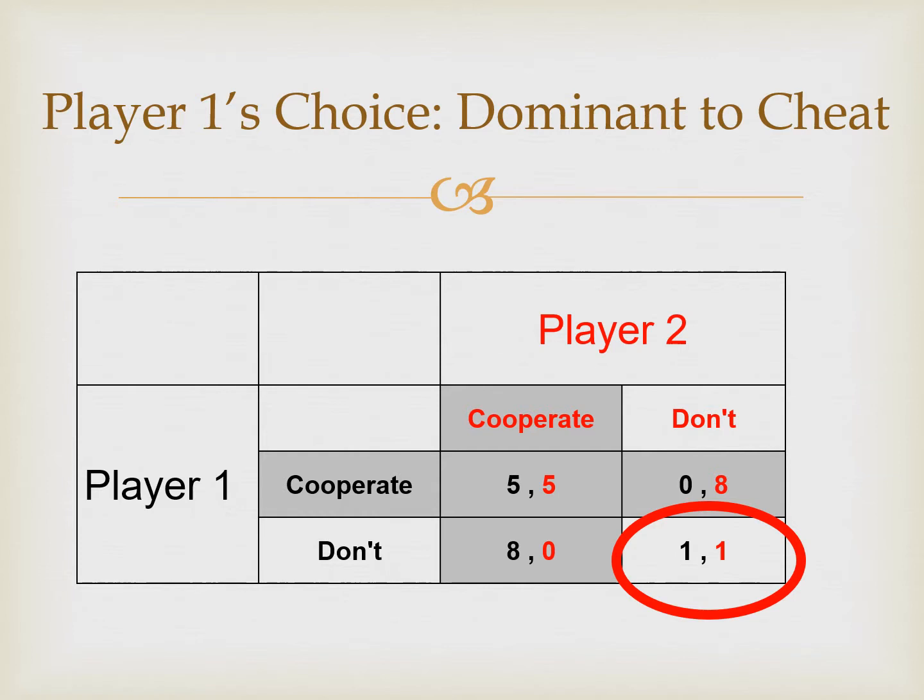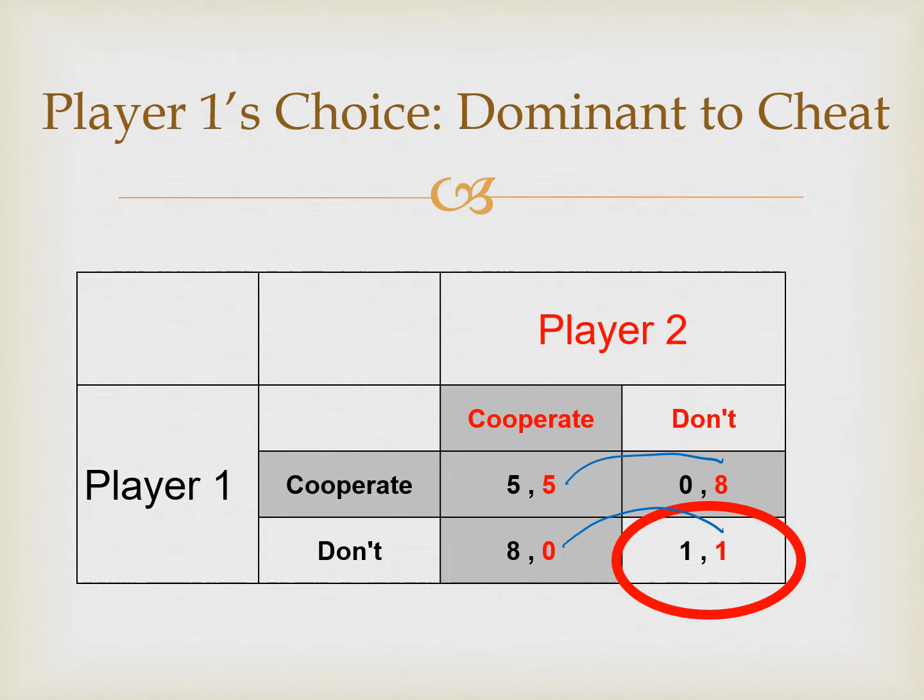Now that player 1 is not cooperating, we can think about player 2. What would player 2 do? Well, player 2 has this choice between a payoff of 0 or a payoff of 1, and obviously they will choose a payoff of 1, and we end up with this 1-1 outcome where we don't cooperate. We could have done it the other way and looked at player 2's choices from the get-go. Player 2's choice is strictly dominant: don't cooperate.